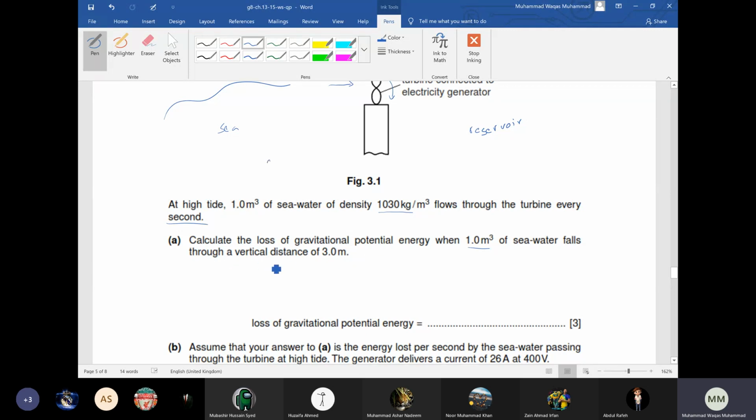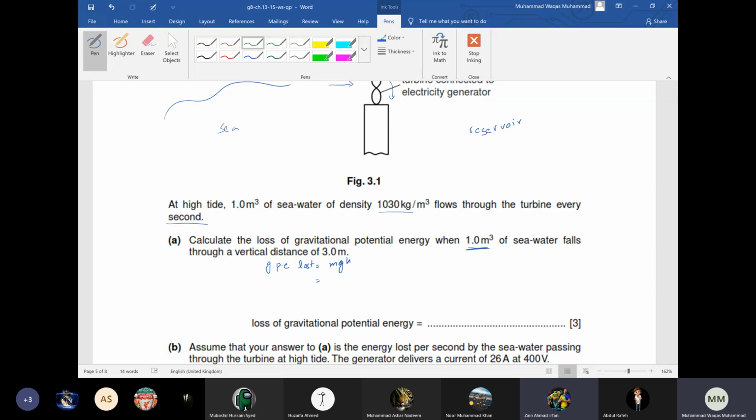We know that gravitational potential energy lost is equal to mgh, right? So what is the mass of the water that falls through the vertical distance of 3 meter?